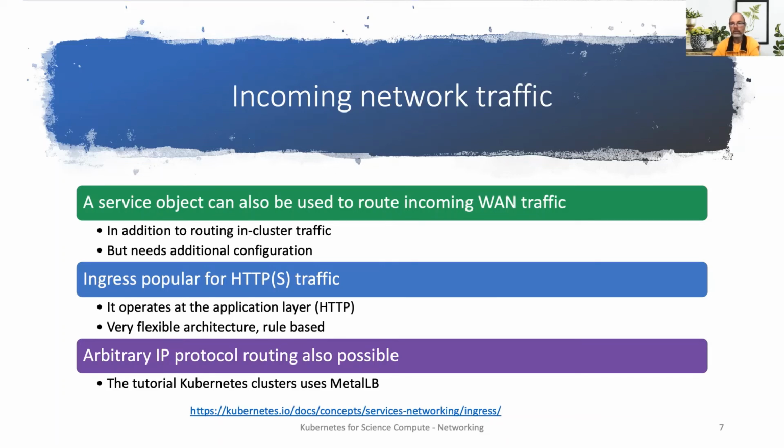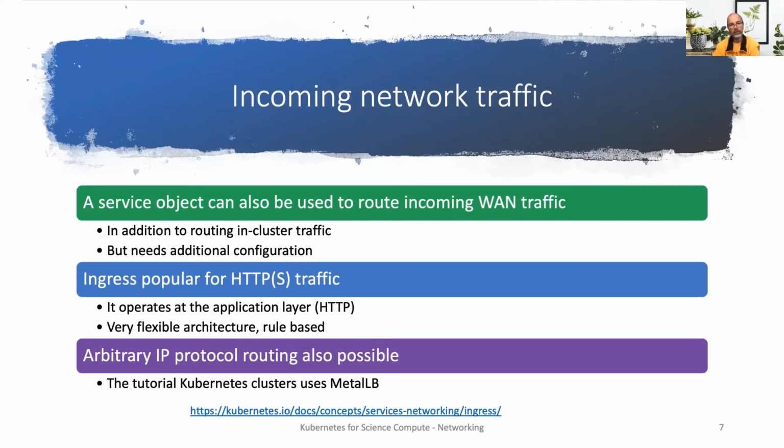So ingress will operate straight on the HTTP application layer, and it's very flexible. It's rule-based. You can do all kinds of stuff. However, if you have an application that would be considered legacy, which means it doesn't talk HTTP, there are other services that can allow you to have incoming connectivity to any arbitrary port on any arbitrary protocol.